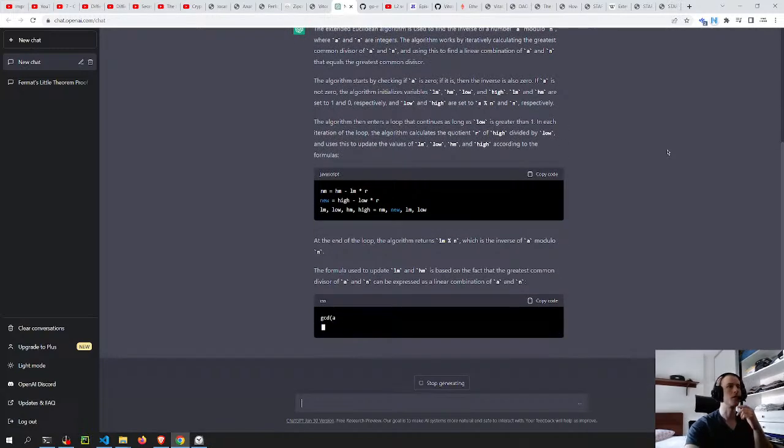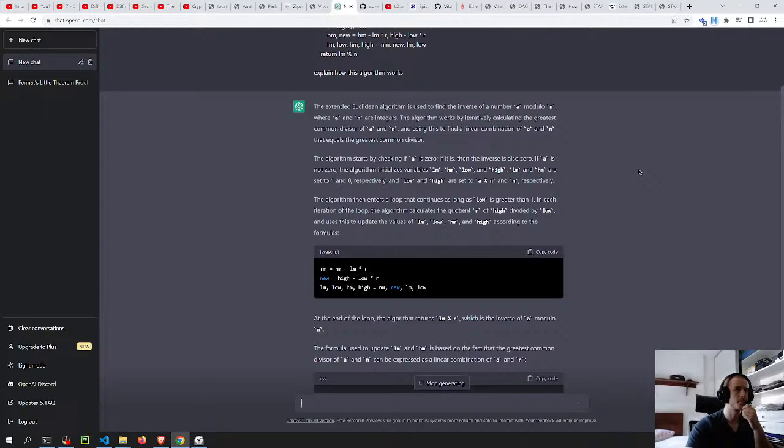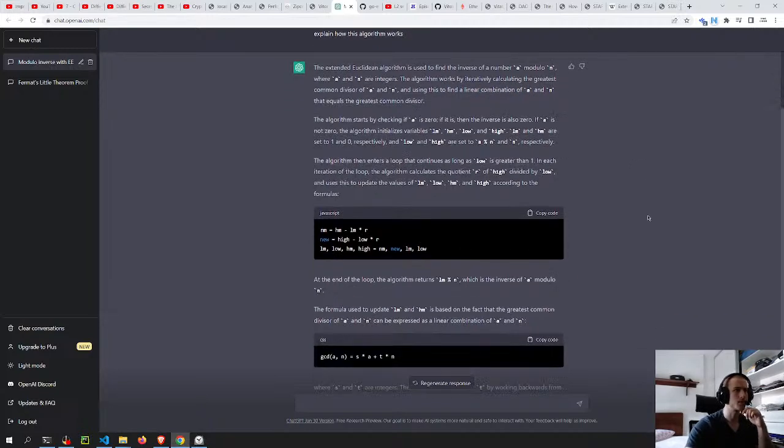The inverse of a number A modulo N. And modulo N means that you wanna find the remainder. So we wanna find the inverse of the remainder of A divided by N, I think. Finding a linear combination of A and N that equals the greatest common divisor. Checking if A is 0.